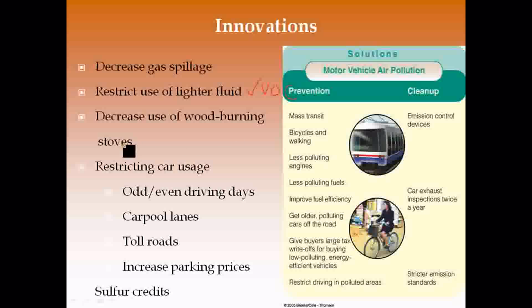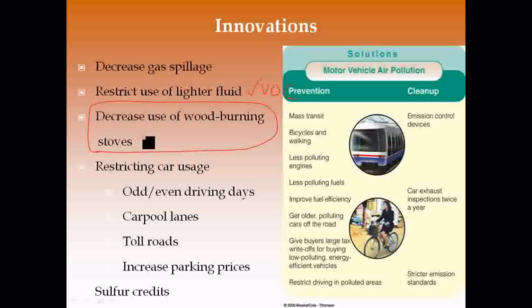So in a lot of towns and cities, they talk about decreasing the usage of wood-burning stoves, especially in developing countries. In the book, they even talk about things like some cities in California actually controlling the amount of bakeries that operate, because bakeries pump a lot of sulfur and nitrogen up into the air.